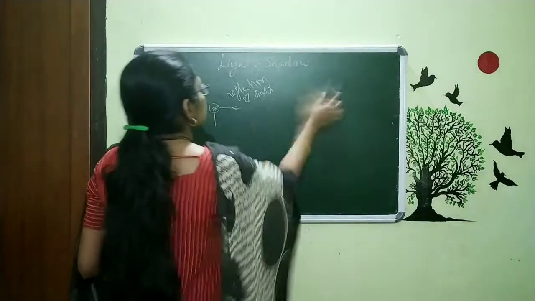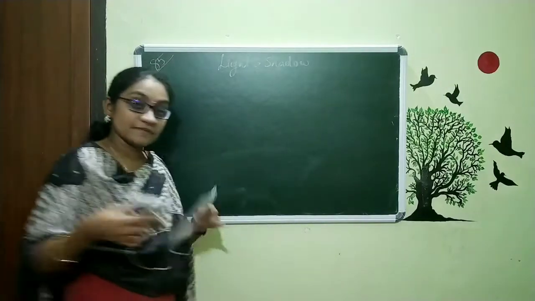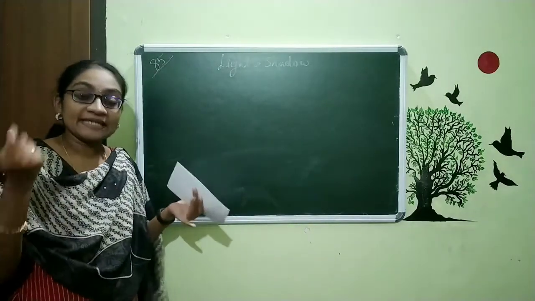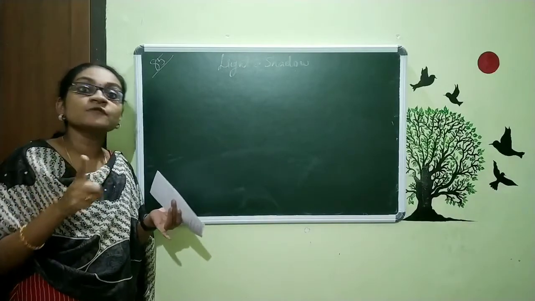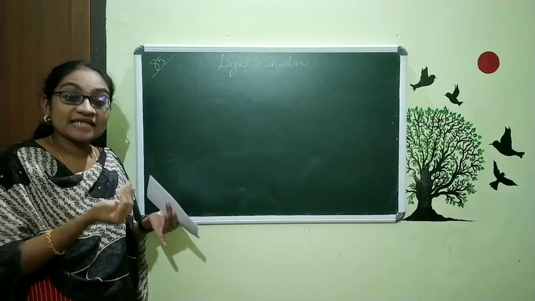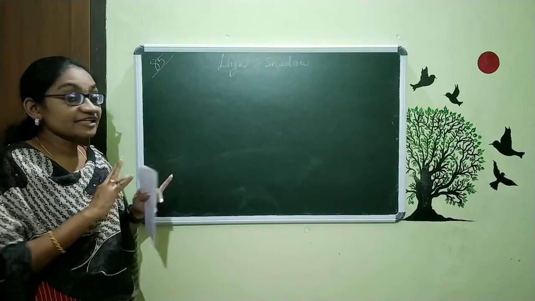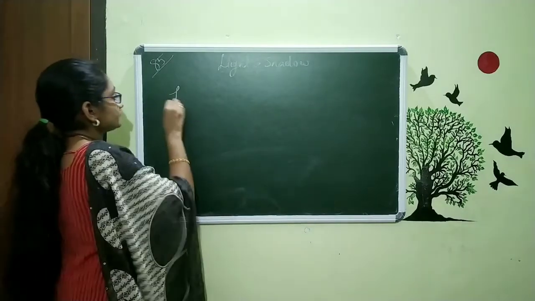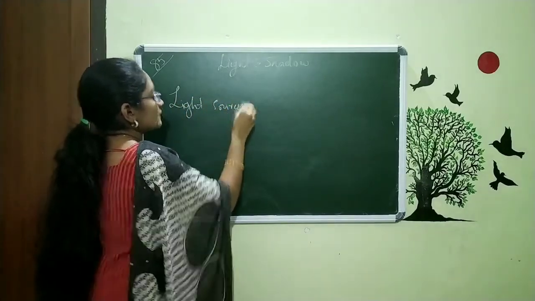Now, we said that it may be sunlight, filament lamp, tube light, or LED light. That means I am using different types of light sources. It may be candle light, it may be fire light. There are different types of light sources.